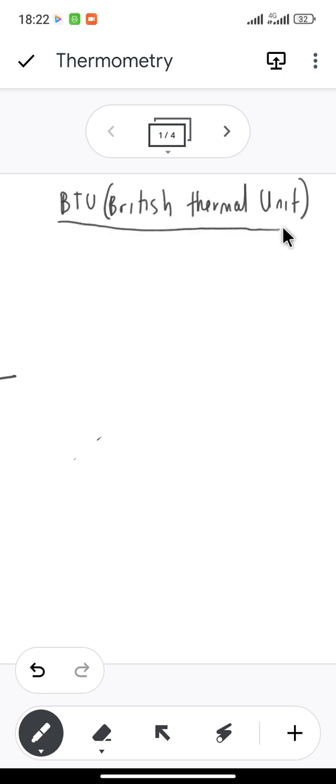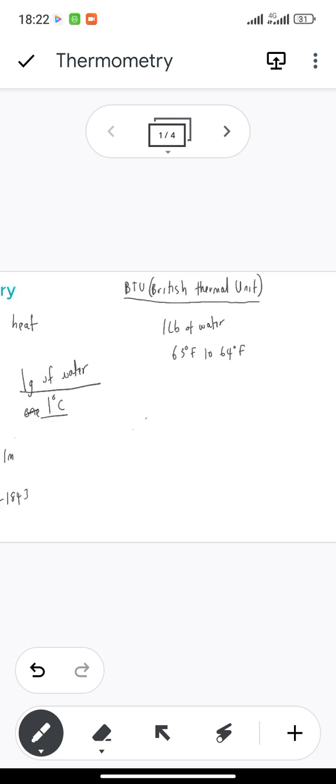This is defined as the quantity of heat required to raise the temperature of 1 pound of water from 63 degree Fahrenheit to 64 degree Fahrenheit.